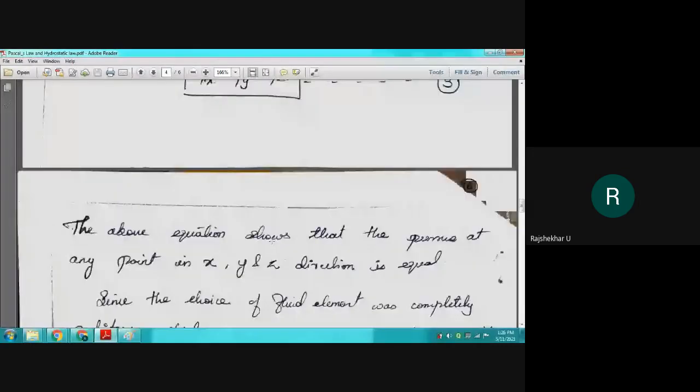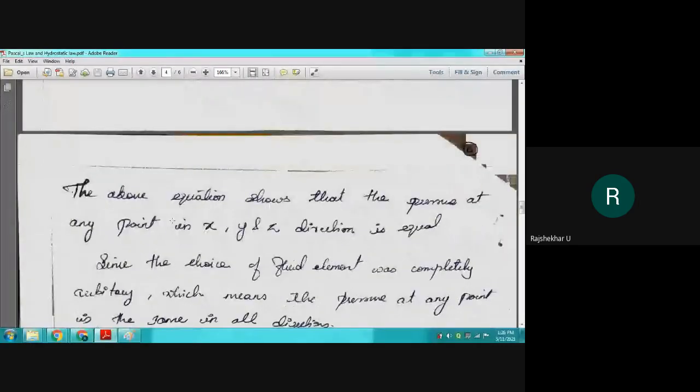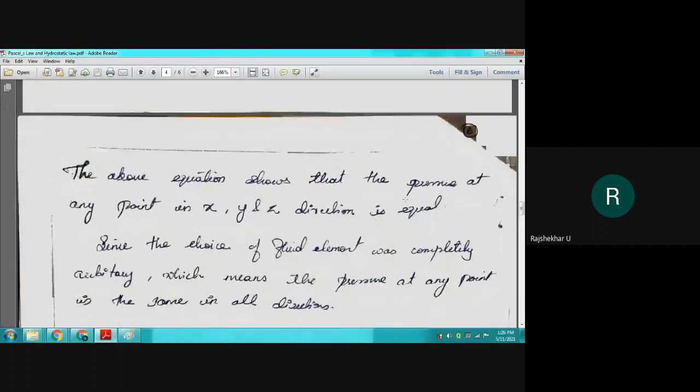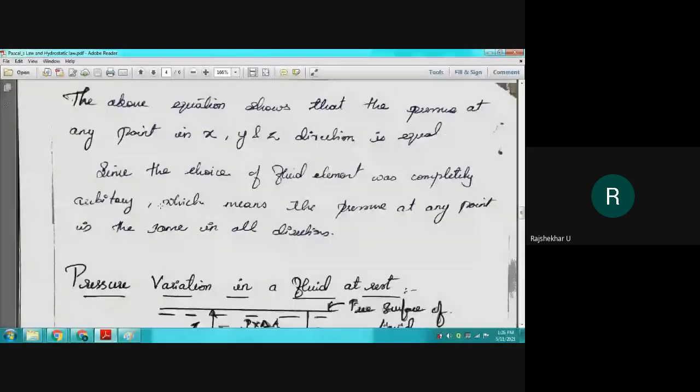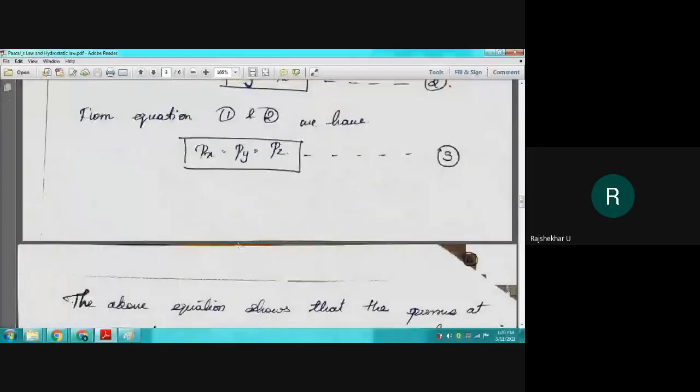So the above equation shows that pressure at any point in x, y, z direction is equal. Since the fluid element was completely arbitrary, it means that pressure at any point is the same in all directions. This is only applicable if the fluid is at rest.